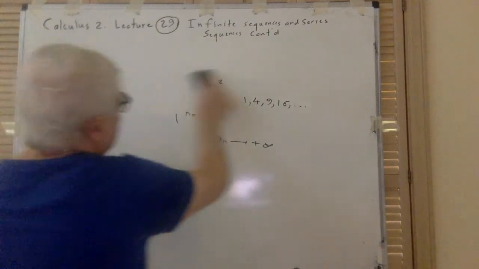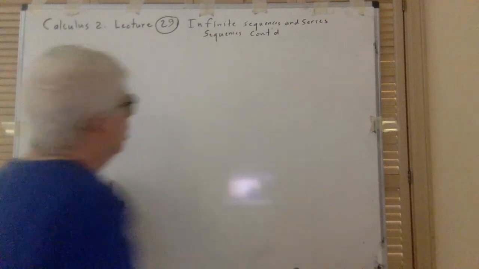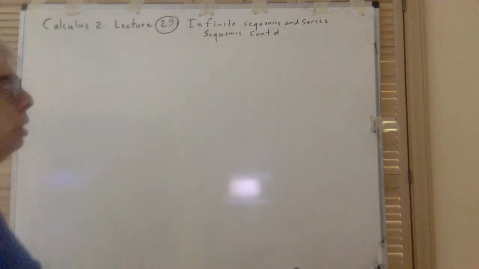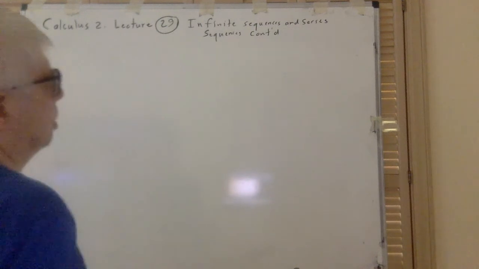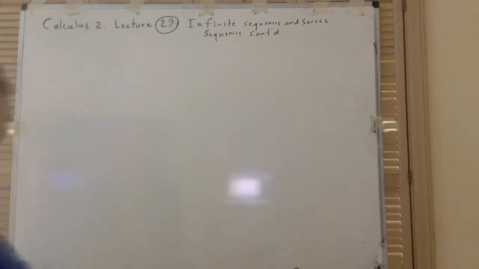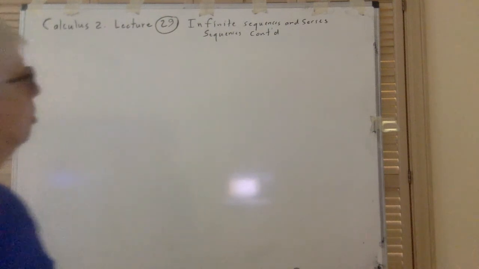Well, we can say lots of things about sequences, and as I said, I don't want to emphasize too much because we immediately jump to series, and we use them to define certain things for series.